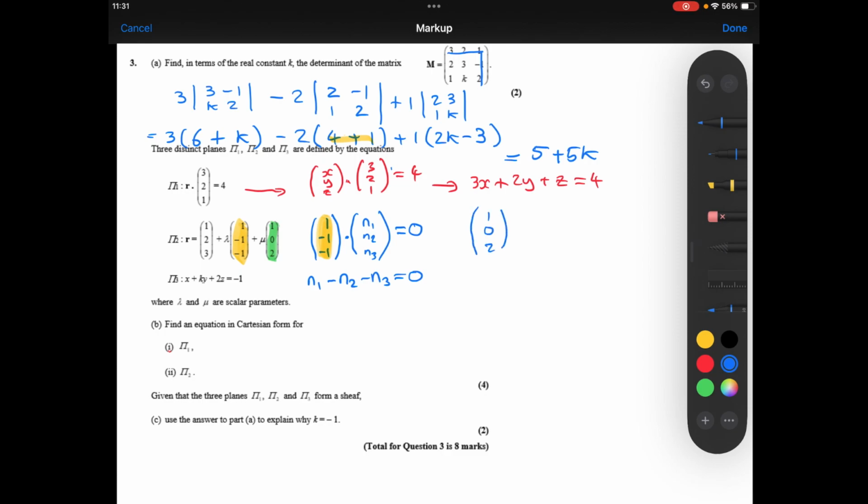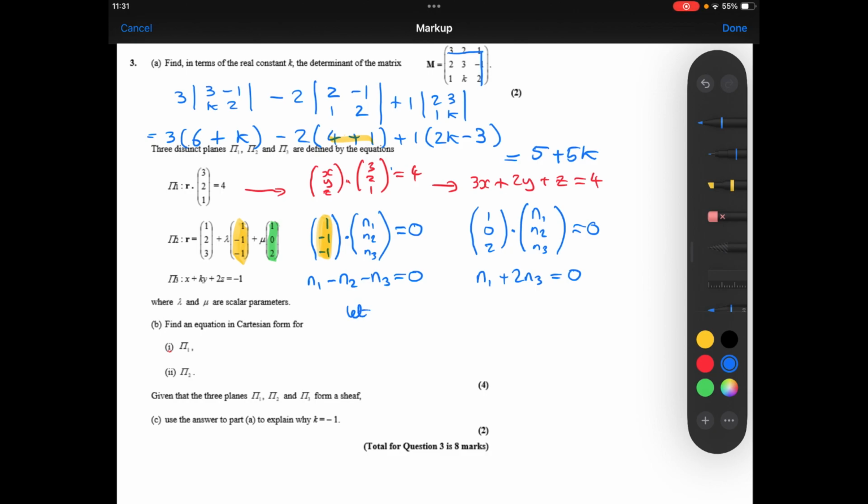So 1, 0, 2 dotted with the normal vector, n1, n2, n3 is equal to 0. Again, multiplying that out, 1 times n1 is n1, plus 0 times n2 is 0, plus 2 times n3 is equal to 0.